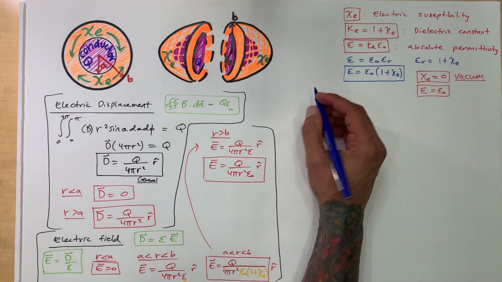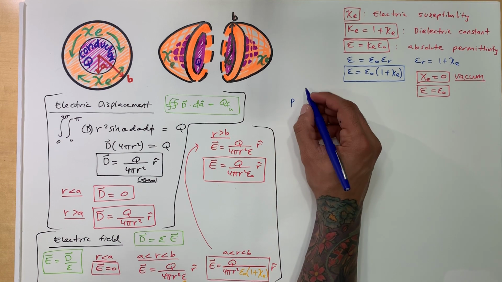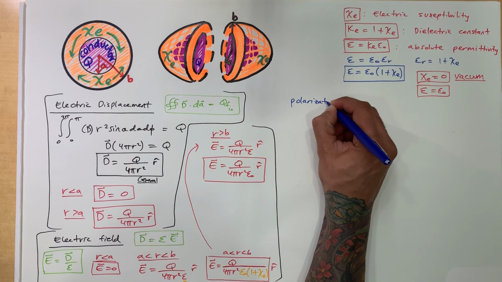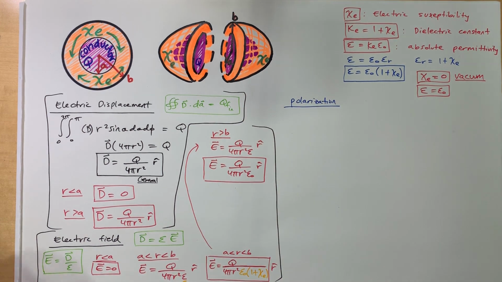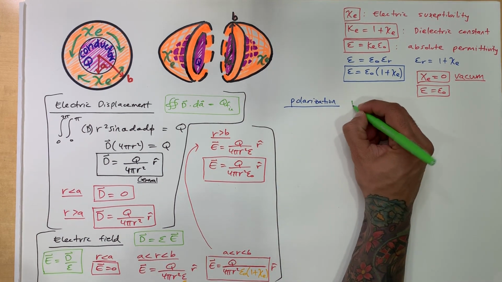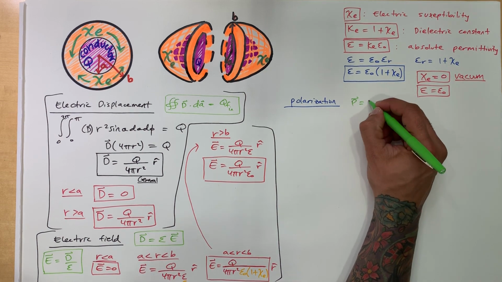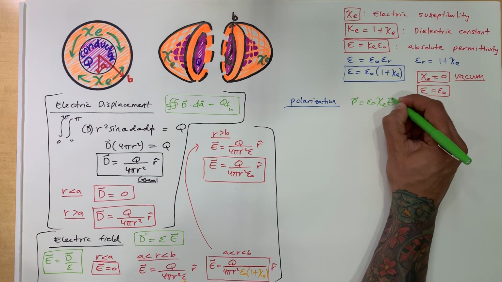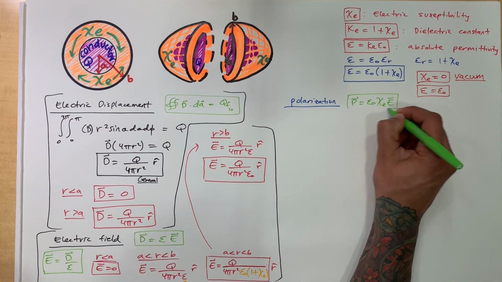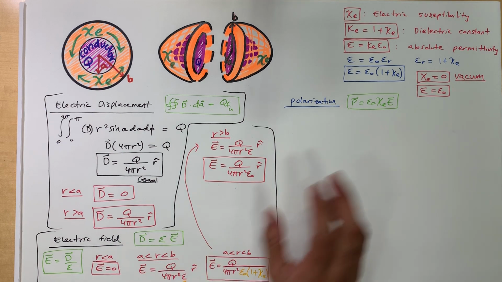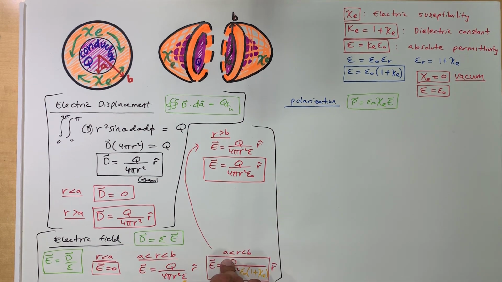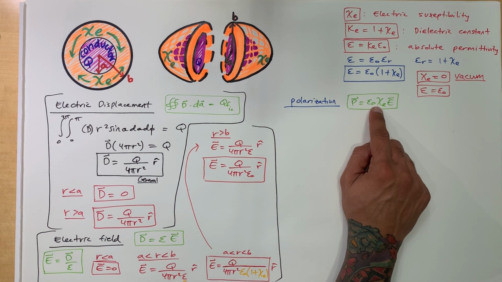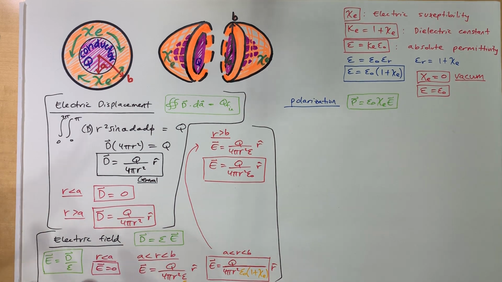So the equation for that is going to be P is equal to epsilon naught chi E times the electric field. Okay, so we have the electric field, and we have it for all three regions, and this describes what's going on inside the material. So let's plug it in.